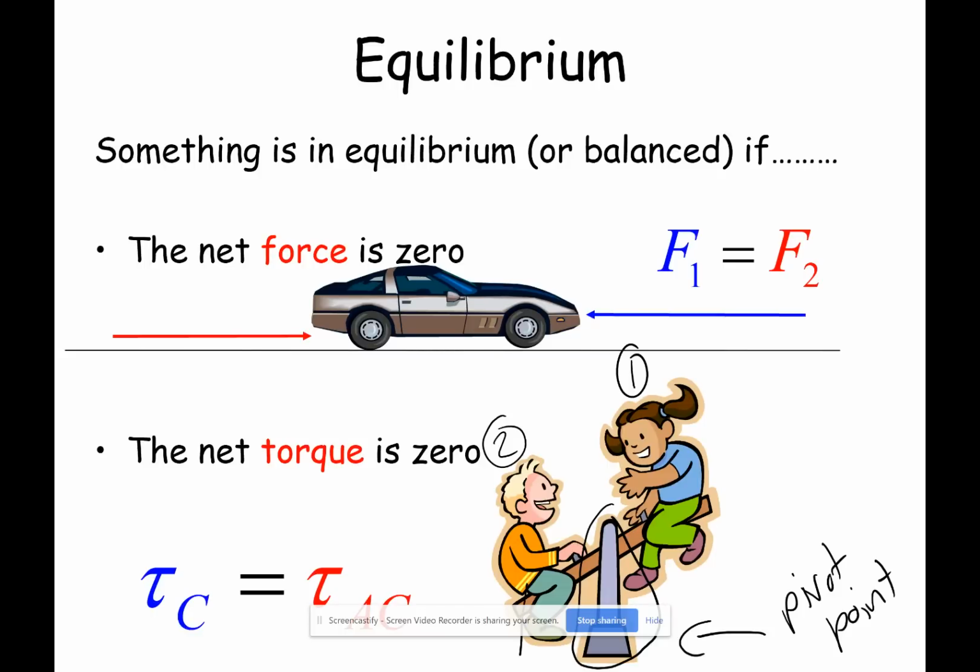Force of gravity. Remember, I said any force can be a force. So force of gravity is causing him to go down. And you have force of gravity acting on child 1 as well.